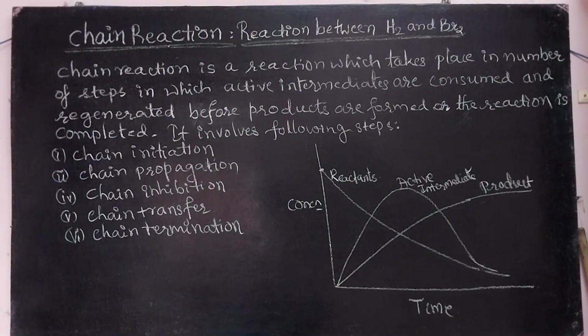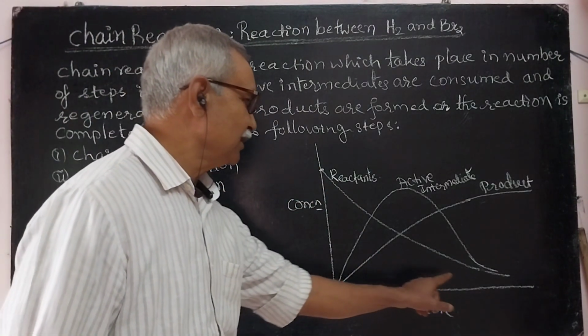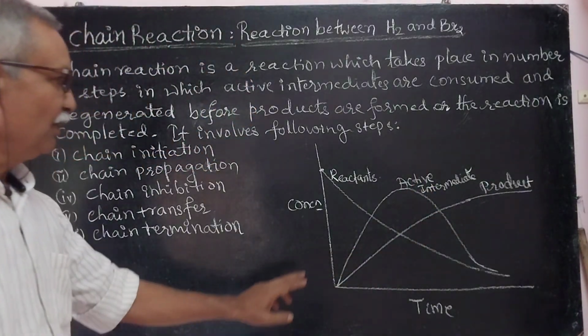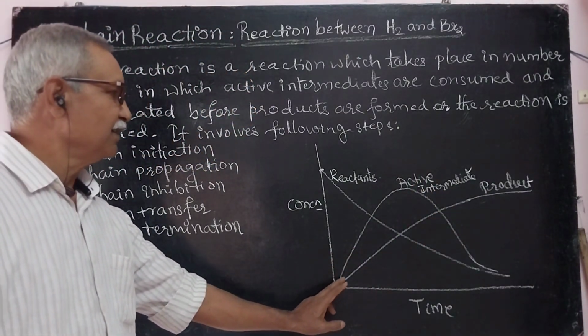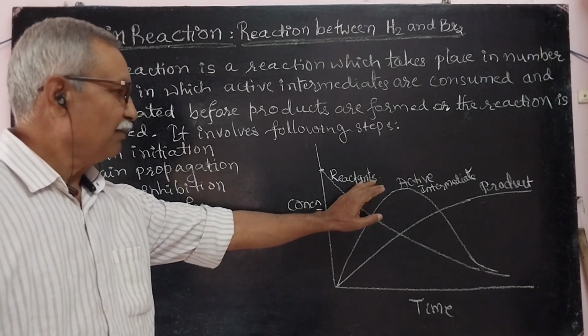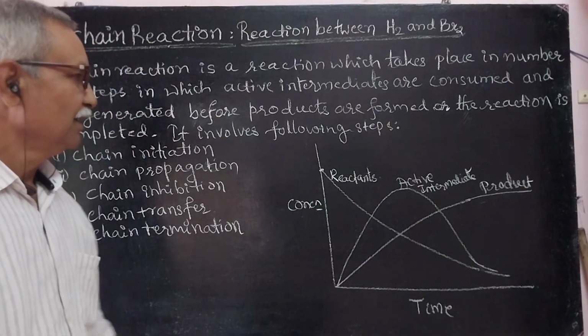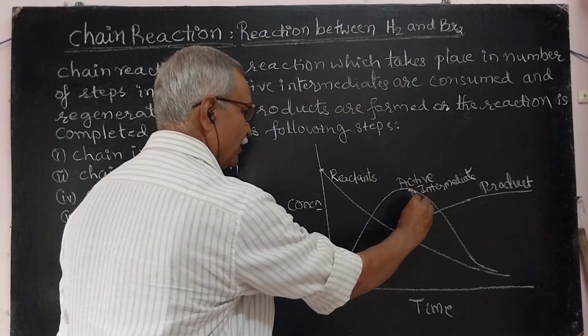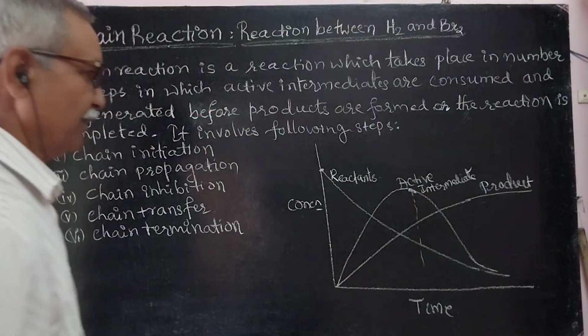The active intermediate may also be called the chain carrier, which is responsible for the continuation of the chain. Here the concentration of the reactants goes on decreasing, the concentration of the products goes on increasing, whereas the intermediate concentration initially goes on increasing and after that goes on decreasing. Thus the rate of the reaction depends upon the concentration of the active intermediate.